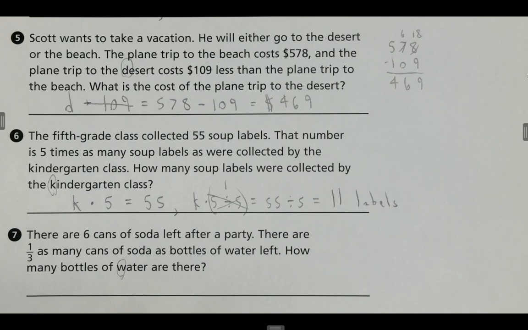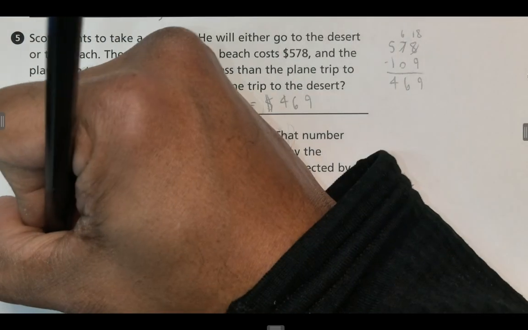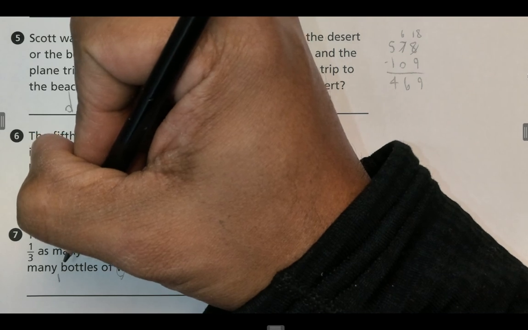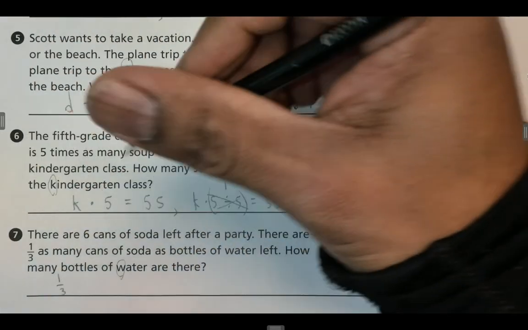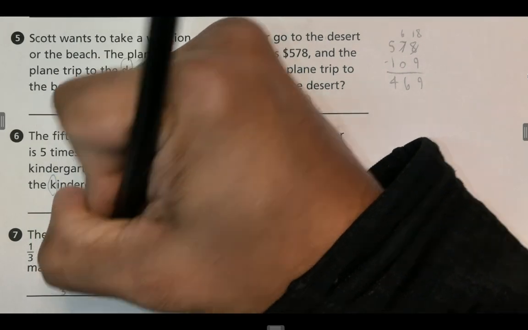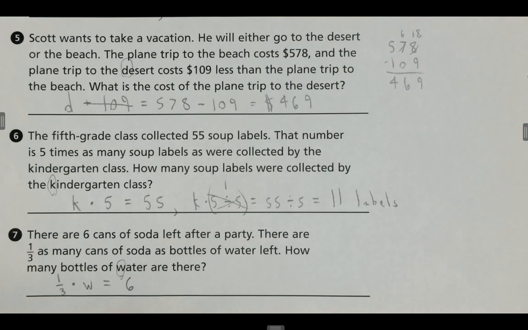And 1/3 of the bottles of water is equal to the 6 cans of soda. In other words, there's more bottles of water compared to the cans of soda.